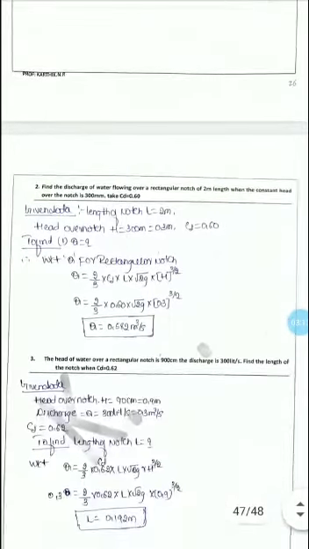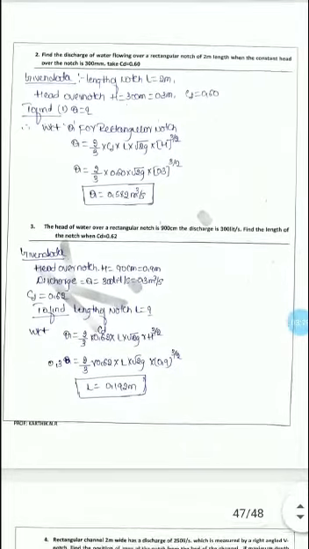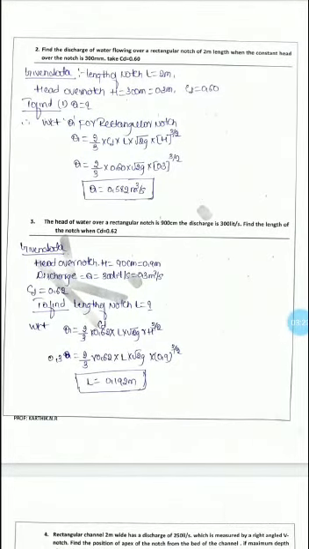Okay, now let's solve the next problem. Find the discharge of water flowing over a rectangular notch of 2 meter length, when the constant head over the notch is 300 mm. Take CD as 0.60. Here the problem is based on a rectangular notch. The length of the notch is 2 meter and head is 300 mm, that is 0.3 meter, and CD is 0.60.